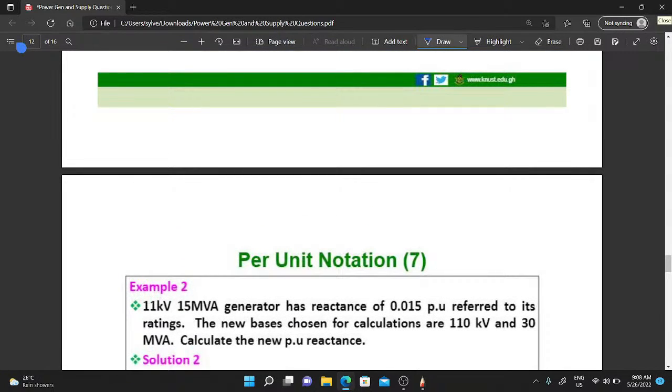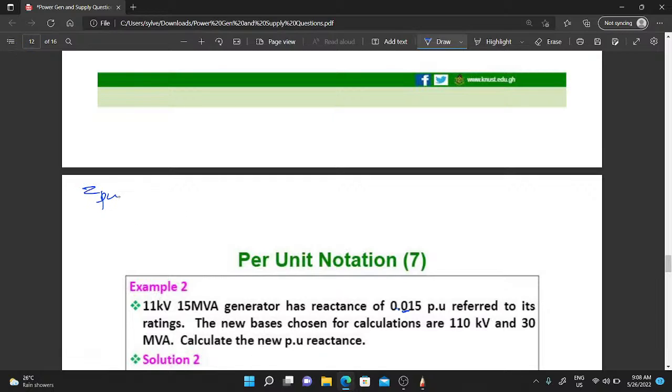We've been given an 11 kilovolt, 15 megavolt-amp generator that has a reactance, in per unit, referred to its rating. This per unit value was found at these base values. Now they've chosen new base values of 110 kilovolts and 30 megavolts, and we are supposed to find the new per unit. This is the second scenario I was talking about.